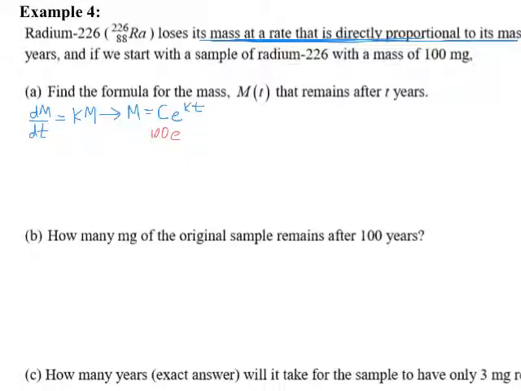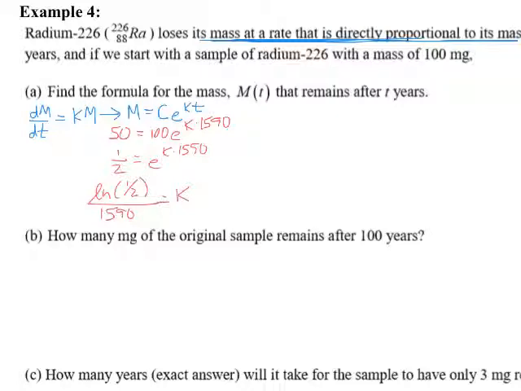milligrams, after 1,590 years, I would have dropped to 50 milligrams. So a very, very slow decay rate. And we want to solve for that k. So we're going to take the 100, and we get 1/2 is equal to e to the k times 1590, and natural log of both sides, and divide by 1590, and we get our k value.